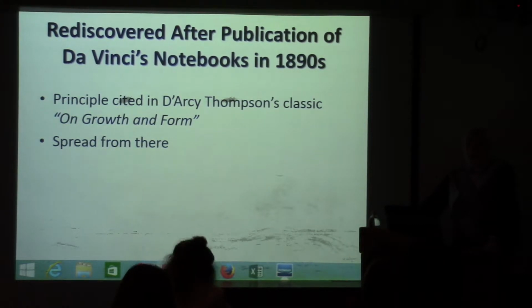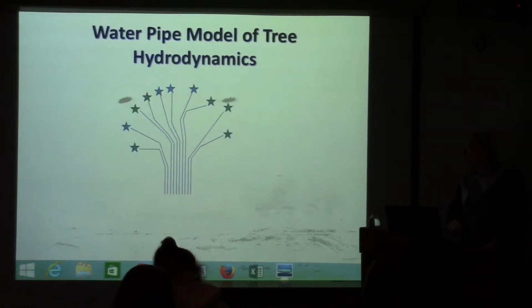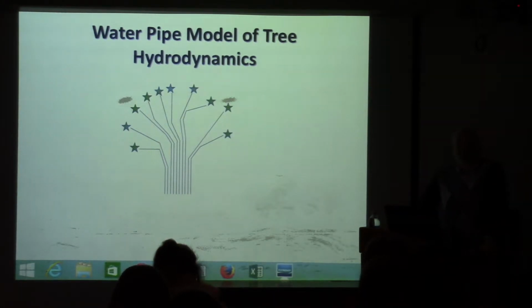He picks up on both Ruskin and Leonardo, and he puts them all together, saying there's something very interesting going on, which he basically summarizes as what is now called the water pipe model of hydrodynamics. So if you think about a tree, and this is probably the way that Leonardo comes at this problem, maybe Ruskin as well, every leaf has to get a certain amount of sap or water coming up to it.